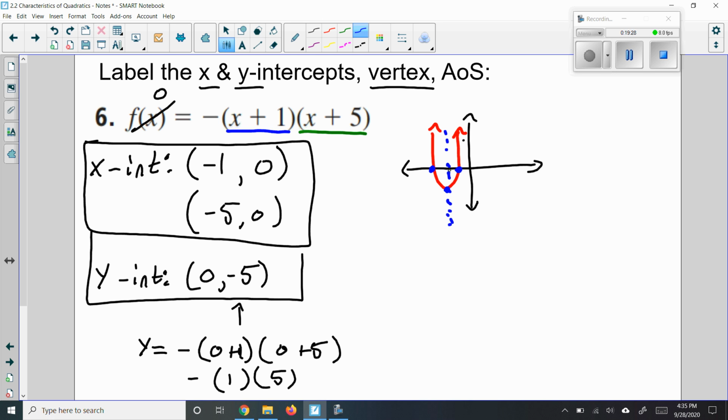So since the vertex is going to be in between these 2 points, I can just average them to get the x-coordinate.